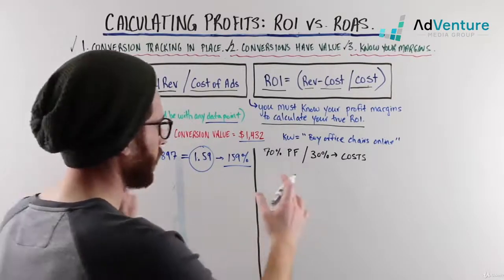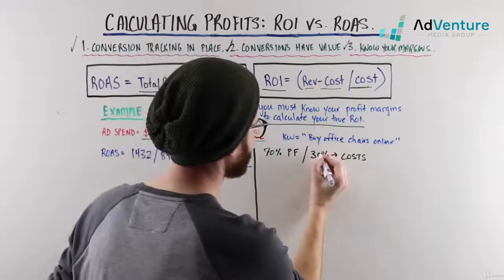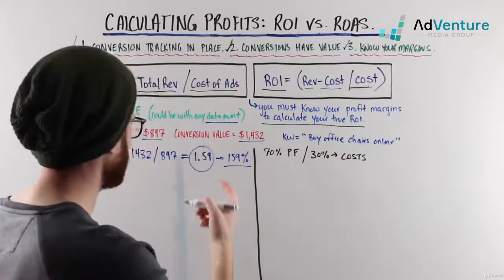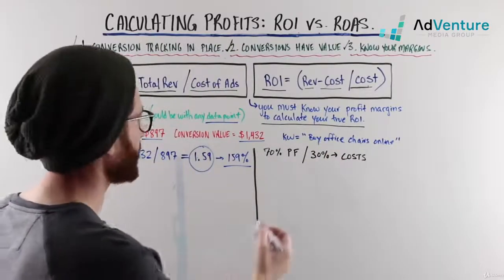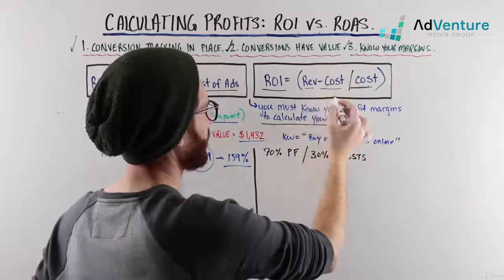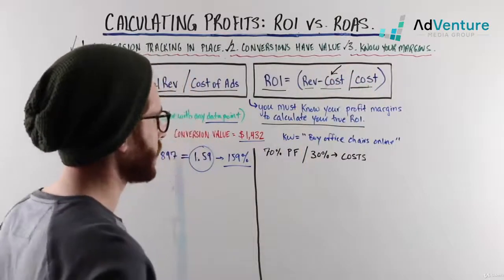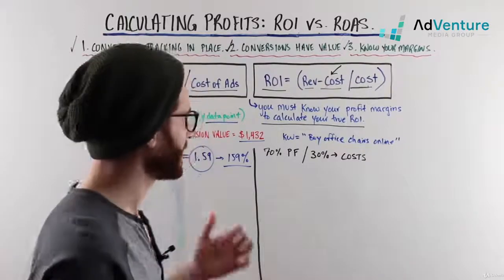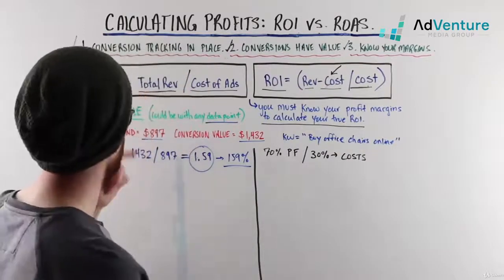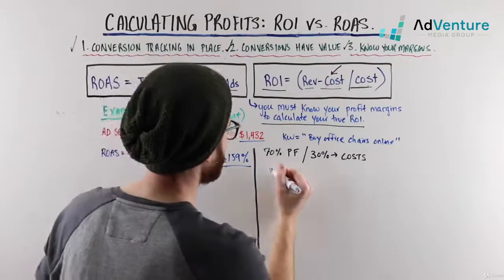So what we want to do is calculate our cost for the revenue that we made, okay? Because here's our number. If you look at our formula up here, this number, cost, how do we know what the cost was, okay? And that's a very simple calculation. We take our total revenue, which is $14.32, right?